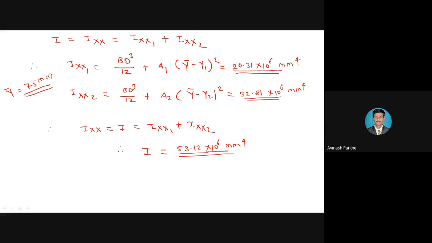This is the total moment of inertia at the neutral axis. Okay. Now moment of inertia we have calculated. YC distance also we have calculated. Now go for the further calculation part.